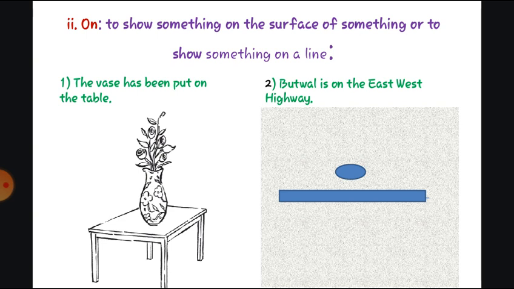If any line is there, if any way is there, if any road is there, and if something is on the line, then you should also use on as a preposition, which I hope you understand from the next picture, where the east-west highway is there and Butwal as a city is given there. So this is about on as a preposition, dear students.